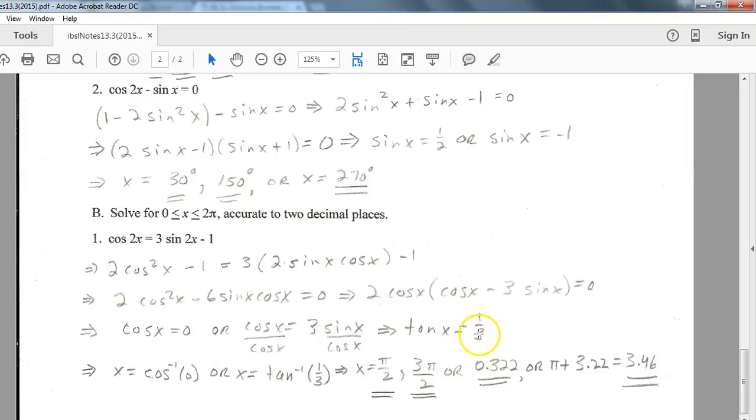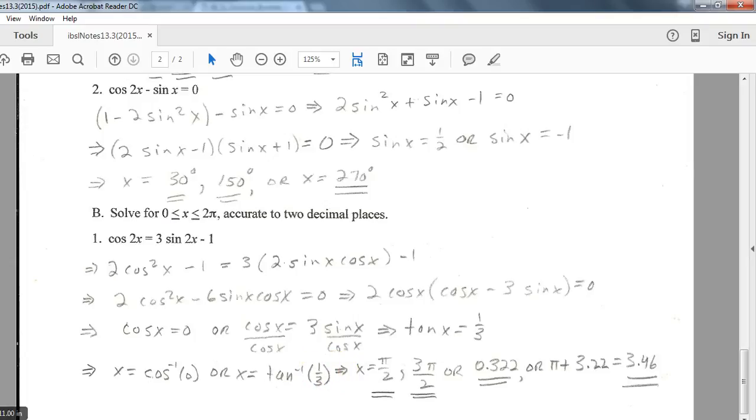Again, notice this is positive, so you have to look at which quadrants give me a positive tangent function. We know from the All Students Take Calculus acronym that tangent functions are positive in quadrant 1 and quadrant 3. And so those are the two quadrants we're going to look to get my answer. So if we did the inverse tangent of 1/3, and again, my calculator would be in radians for this.